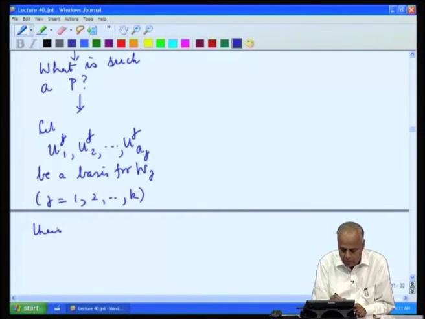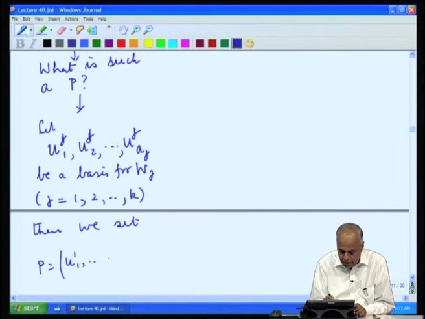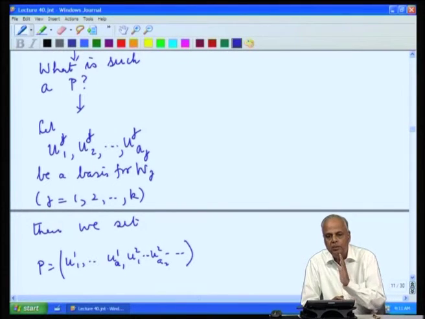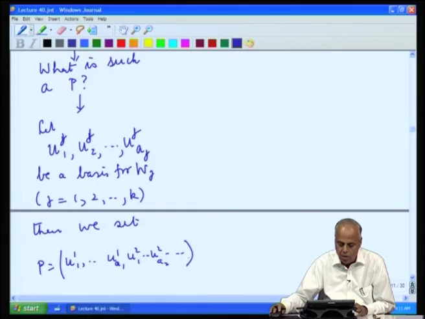Then we set P equal to the matrix whose first column is u11, and go on to u1a1, then u21, etc., u2a2, etc. In other words, P is obtained by putting these basis vectors along the columns.